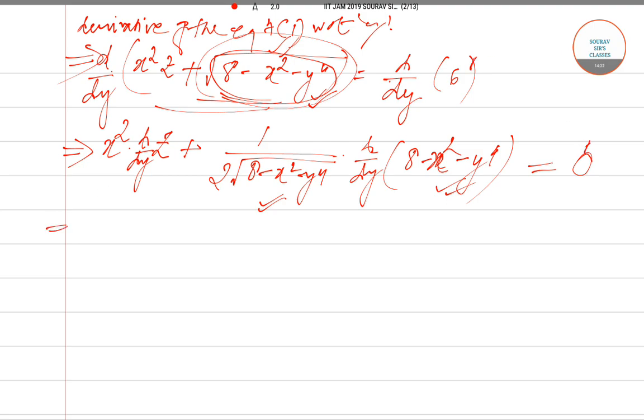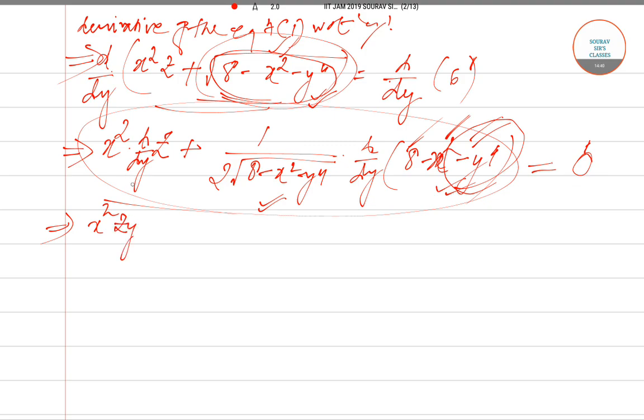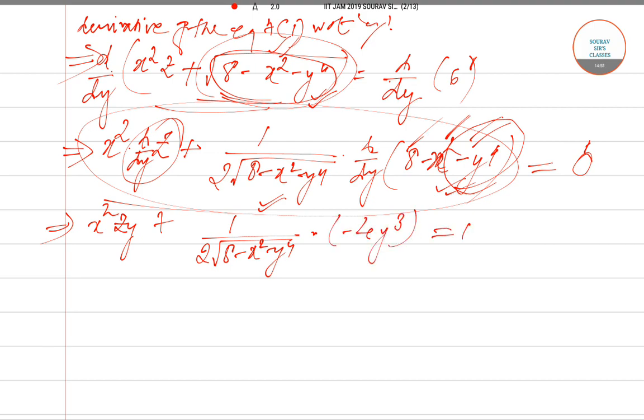Now we are going to solve this part of the equation. If we differentiate this with respect to y, then this 8 will become 0, this will become 0, so we will be left with only minus y to the power 4. First we will write down this part: zy is nothing but the derivative of z with respect to y, and we will get 8 minus x square minus y to the power 4 into, if we differentiate this, minus 4y cube, equal to 0.